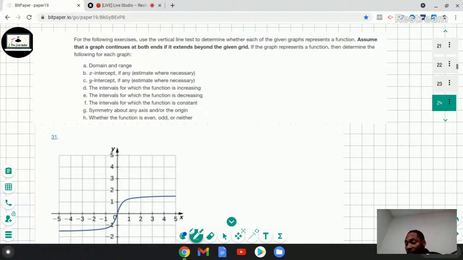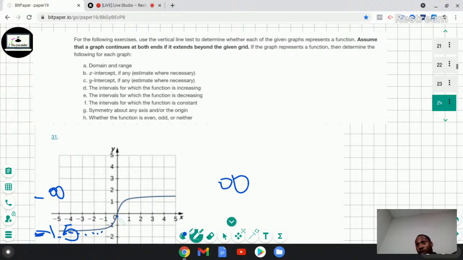So how do we find that? How do we find where the function is increasing? At what values is the function increasing? It's from negative infinity to infinity. So what do we see? From negative infinity, we were at negative 1.5 as we saw in the range, and it starts going up and up.